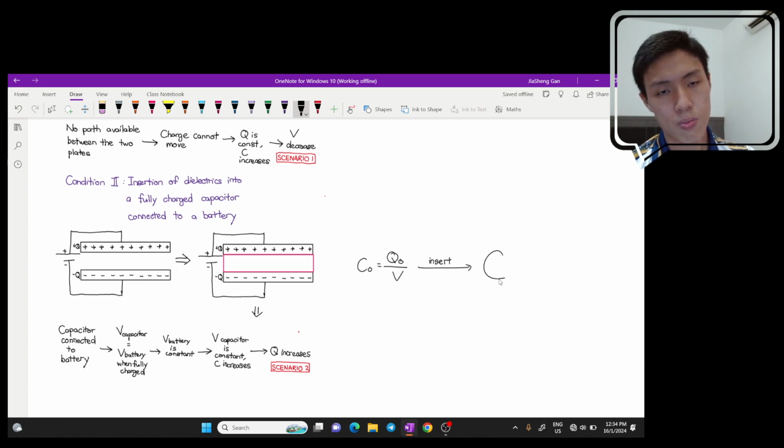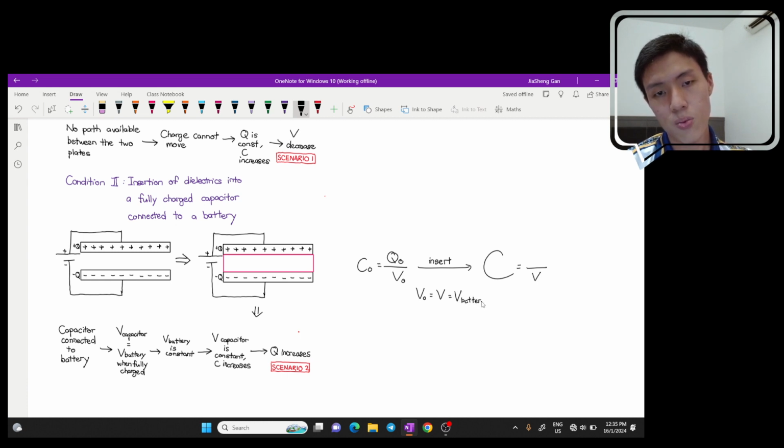what happens is your capacitance will increase, but because you connected it to the battery, when it's fully charged, you have to go to the same potential difference, which is the potential difference of the battery itself. So let me write V naught will be equal to V, and it will be equal to the V of the battery.